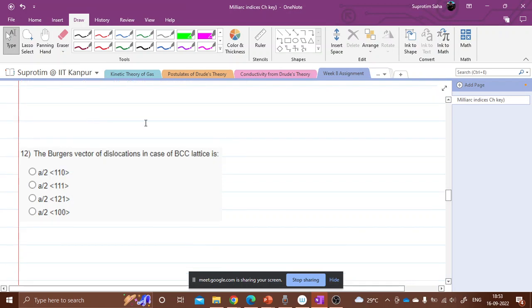The 12th question: the Burgers vector of dislocations in case of BCC lattice is, this is quite informative. You know from the video itself, this is a by 2 times the 111 direction.